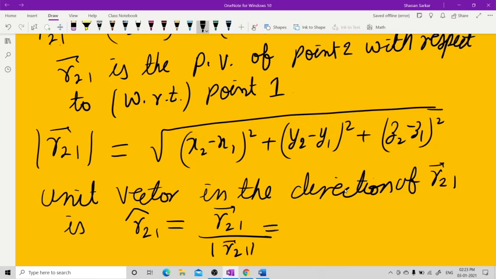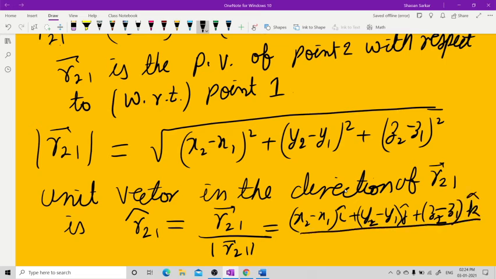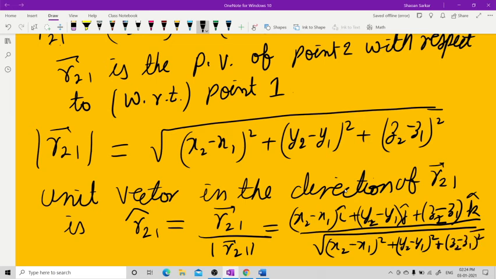That means this is x2 minus x1 i cap plus y2 minus y1 j cap plus z2 minus z1 k cap upon under root of x2 minus x1 whole square plus y2 minus y1 whole square plus z2 minus z1 whole square. Now this is R21 cap.